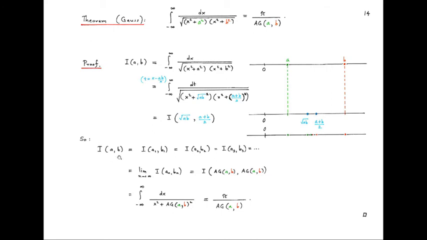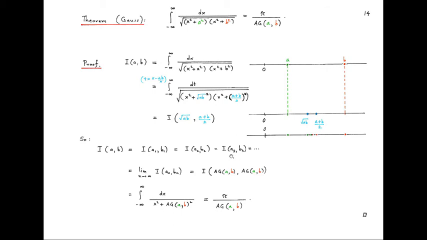So I of a,b is the same as I of a1,b1, is the same as I of a2,b2, is the same as I of a3,b3, and so on. Recall that a1, a2, a3 were the sequence of geometric means that we had created before, and b1, b2, b3, and so on were the sequence of arithmetic means that we had created earlier.